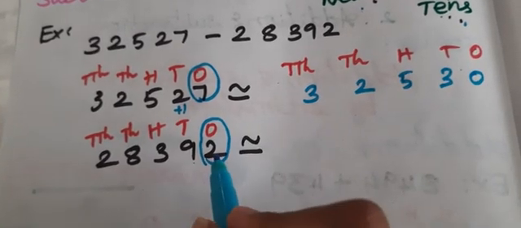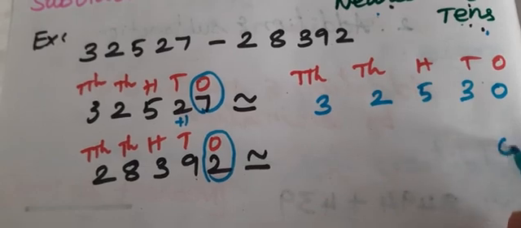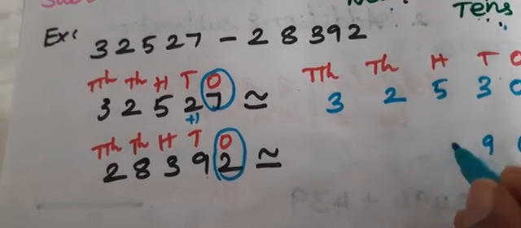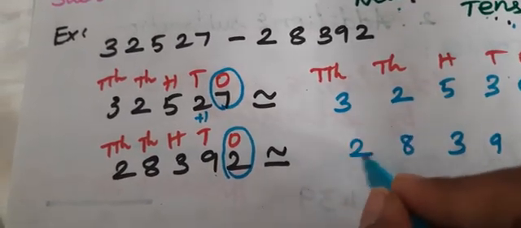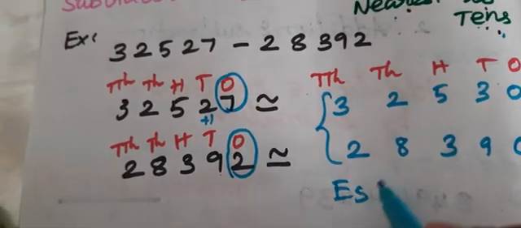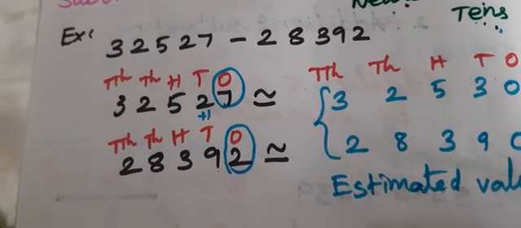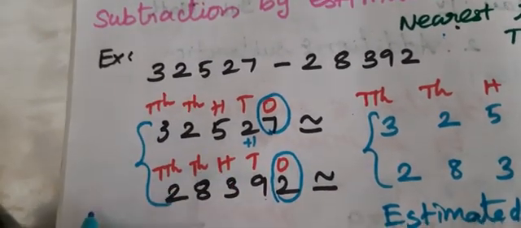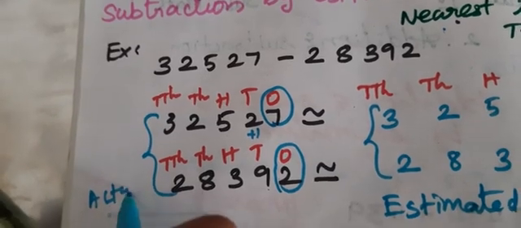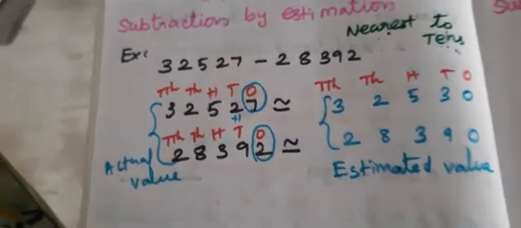Remaining you write as it is. Next one, 2. 2 is less than 5. Less than 5 means put 0 in ones place. Remaining you write as it is. Here this number we call the estimated value, and this one we call the actual value.